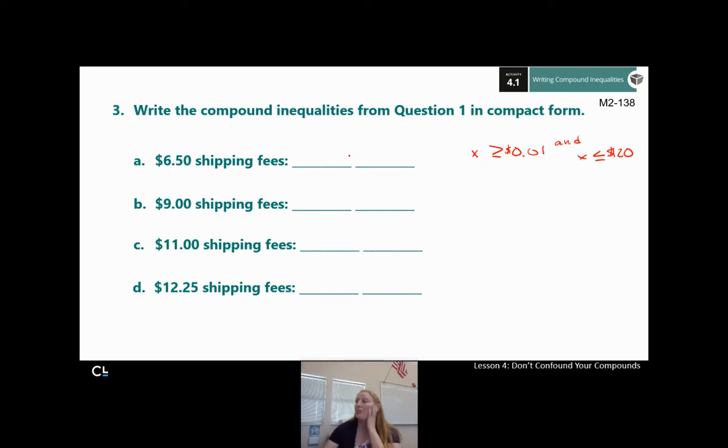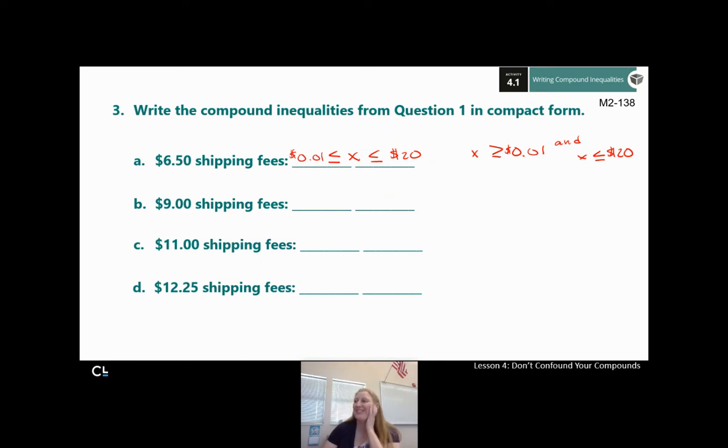So I'm going to put my X in the middle, my 0.01 over here, and my $20 over here. We know that X is less than or equal to $20, but we know that X is greater than or equal to 1 cent. Oh, look, now it's in compact form.